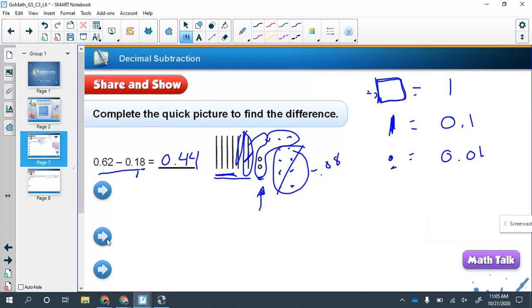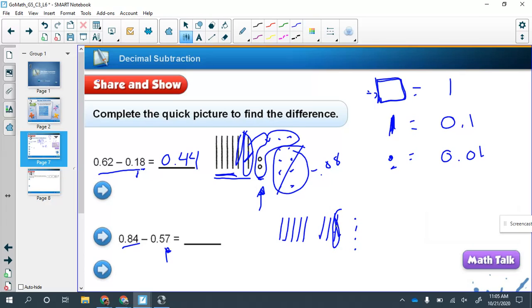Let's try another one here. Here we have 84 hundredths minus 57 hundredths. So again, I'm going to start off by drawing my quick picture for 5, 6, 7, 8, and 1, 2, 3, 4. So I'm going to draw 84 hundredths. Now I need to subtract, starting with the hundredths place and starting with those 7 hundredths. I only have 4.